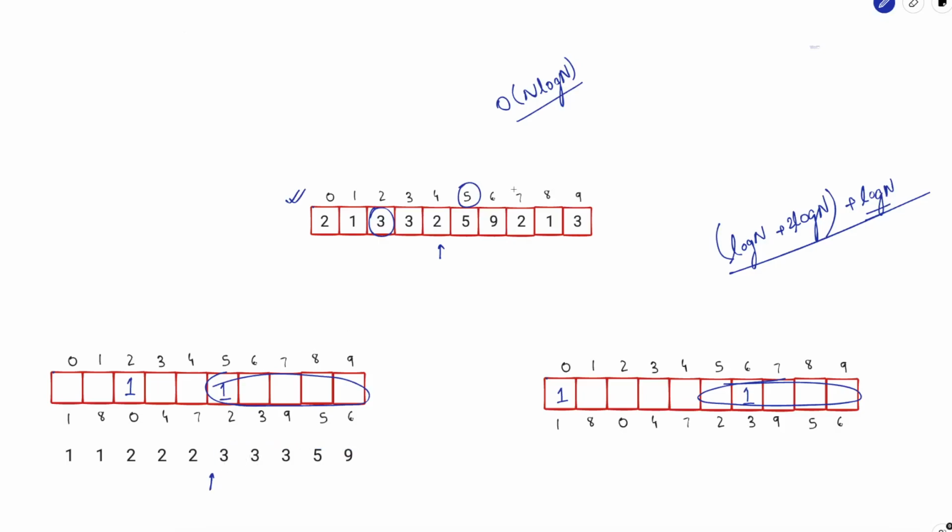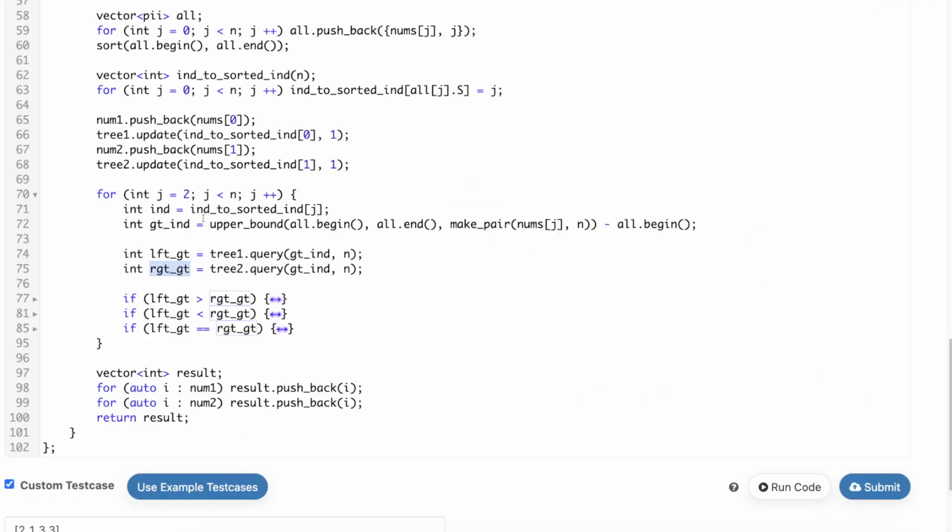So basically you have to do upper bound or lower bound with nums of j. So we simply do upper bound with nums of j, and we put n here because we want everything after nums of j, right? So this is just a way to figure out the first index which is greater than nums of j.